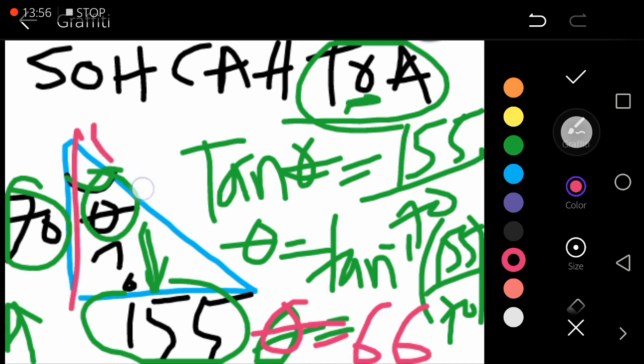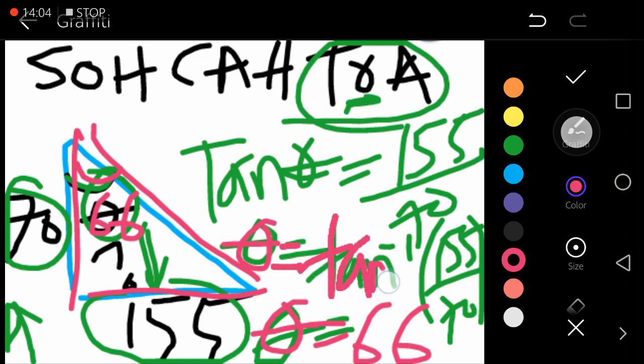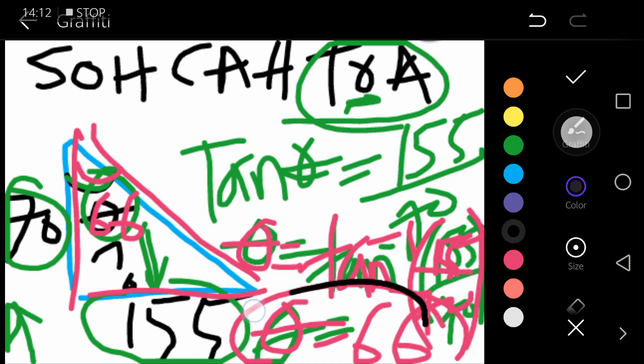So this degree is 66. Very easy, huh? Just put the degree here, then tangent inverse 155 divided by 70, and the degree is 66.